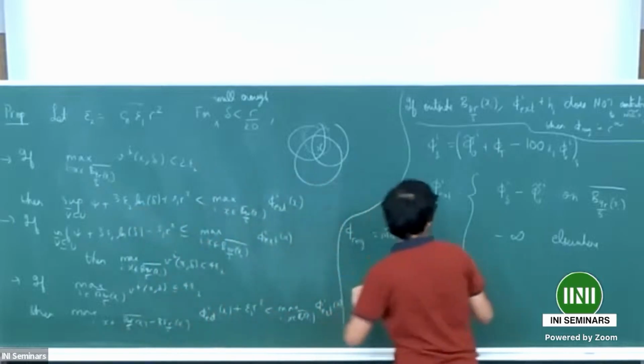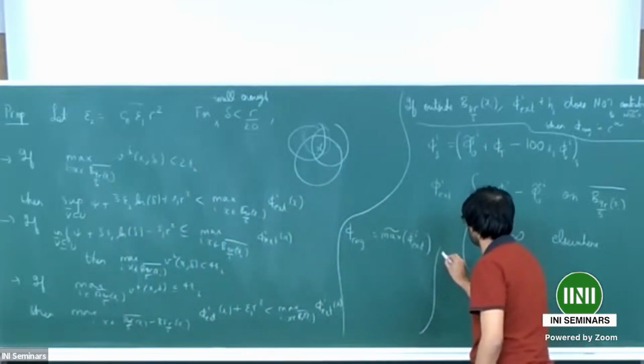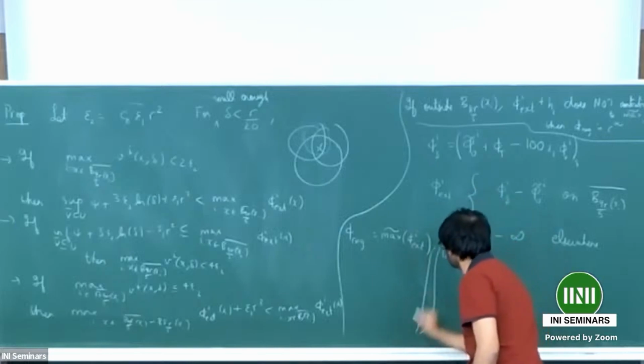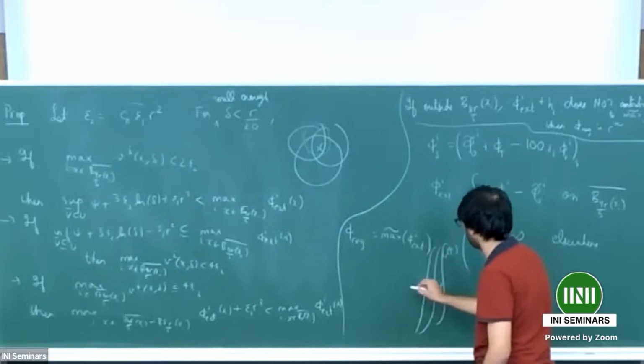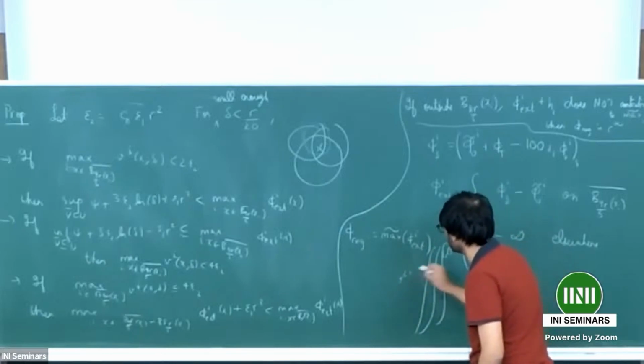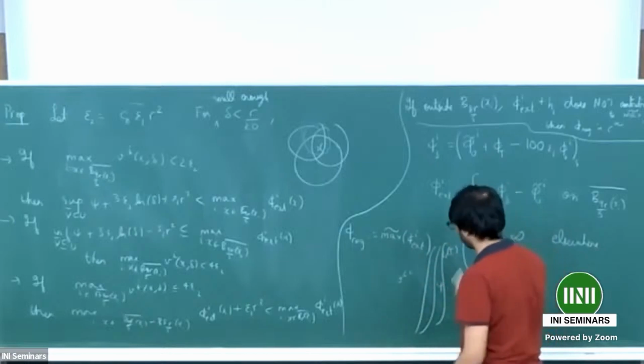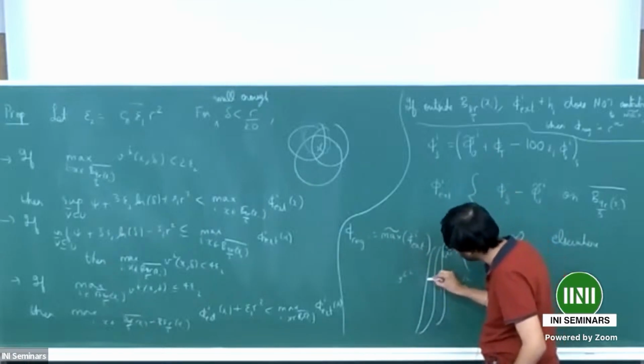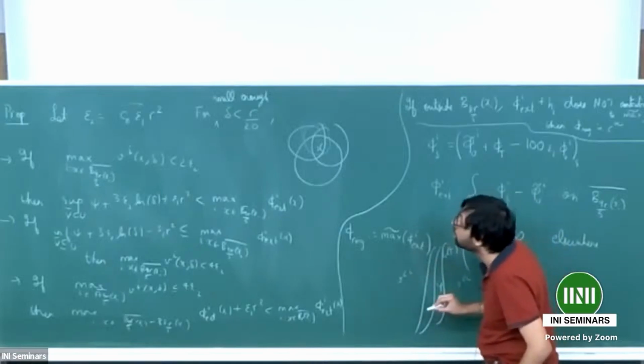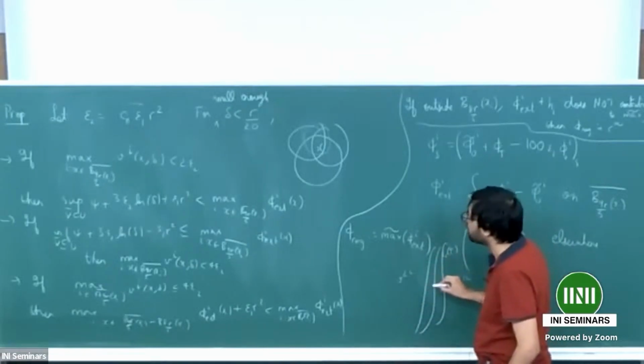What does this mean? Let's just draw this picture again. C is defined here. Here the Lelong number is small. Here it could potentially be large. So suppose you are near the right.